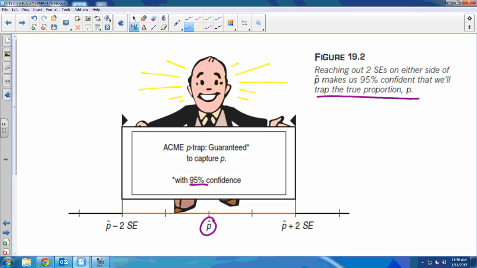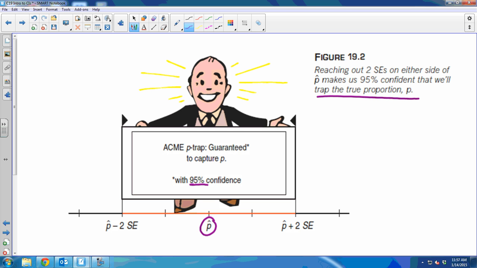So is it guaranteed that I trap p? No. But we're 95% confident that we will, because 95% of the samples that we could simulate with that model fall within there. So we're 95% sure that p is going to be in there. Does that concept make sense?